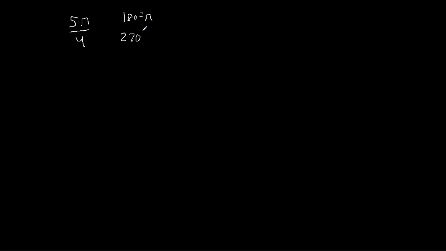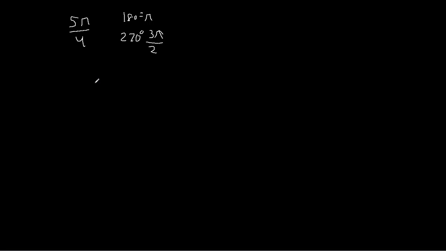We know that 270 degrees is equal to 3 pi over 2. This is less than 3 pi over 2, but it's more than pi, because pi would be 4 pi over 4, and 3 pi over 2 would be 6 pi over 4. So we know this is going to be between 180 and 270.